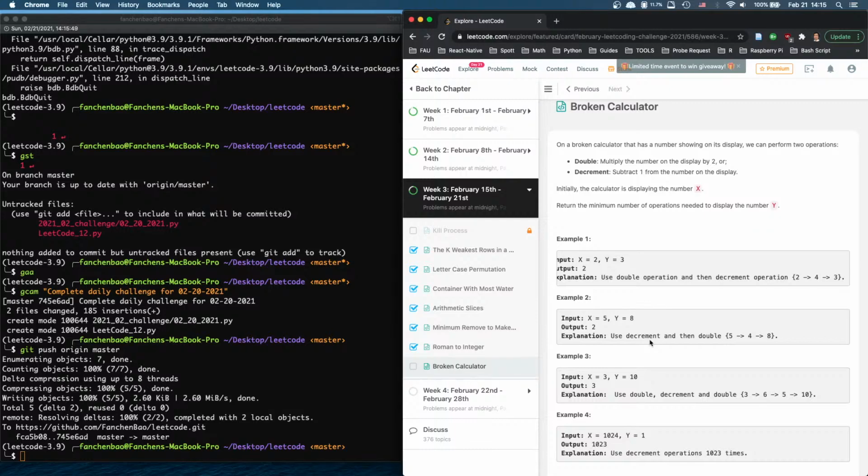Does that make any sense? Actually, it doesn't make any sense. Okay, let's go through examples 2 and 3. So I'm going to times 2 once, so now it's 4. Then we bring it back down once to 3. For 5, if I double it, it becomes 10, and then bring it down.